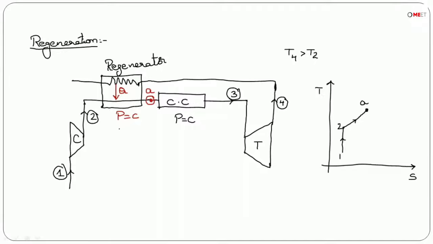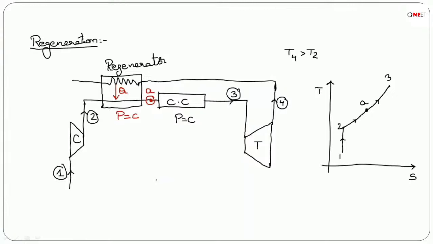So when we have used this heat that is entering into the combustion chamber, from A to 3, this is the actual amount of heat supplied.